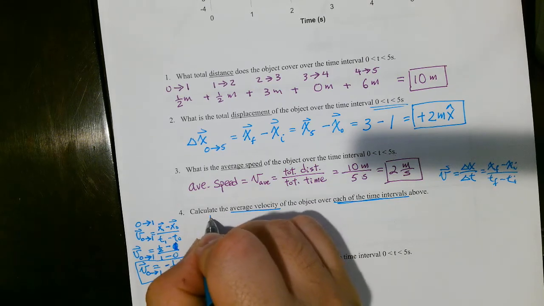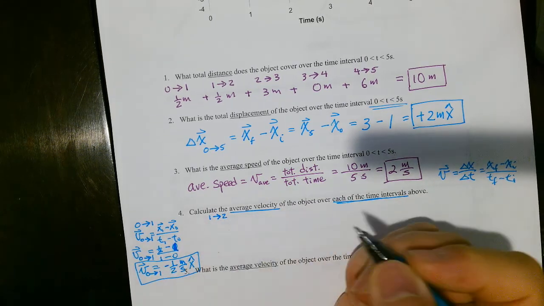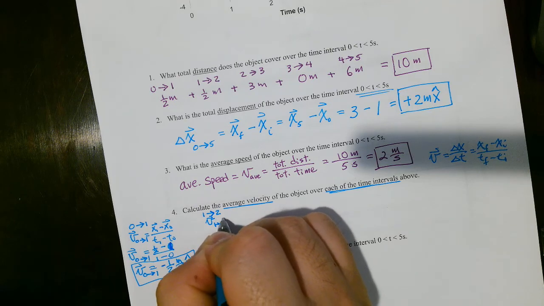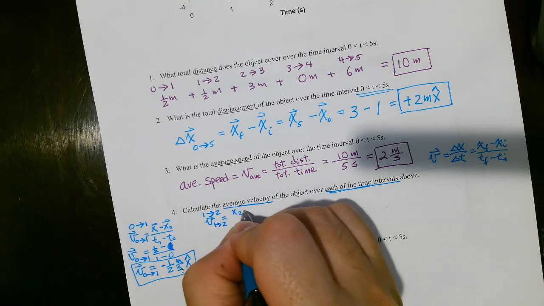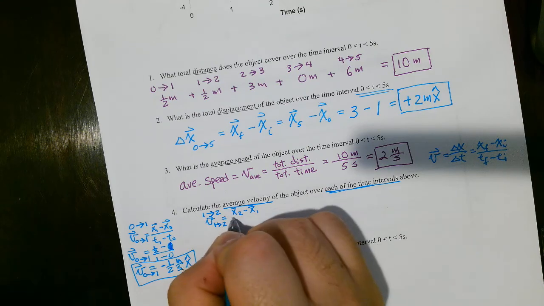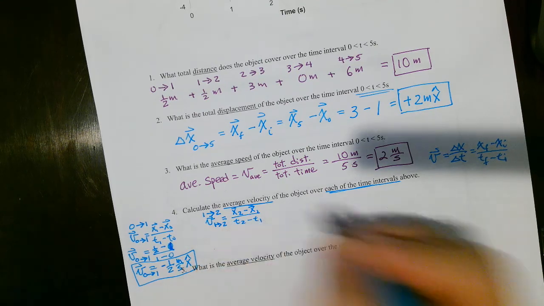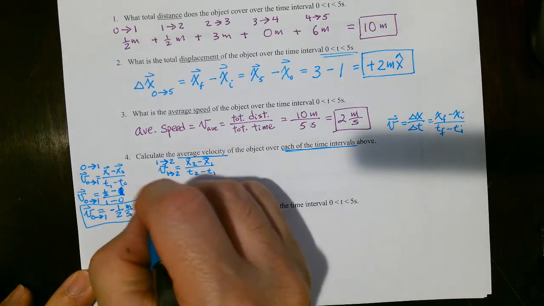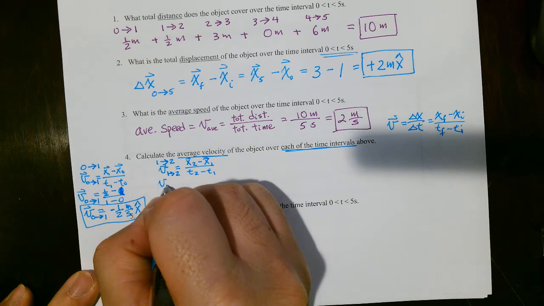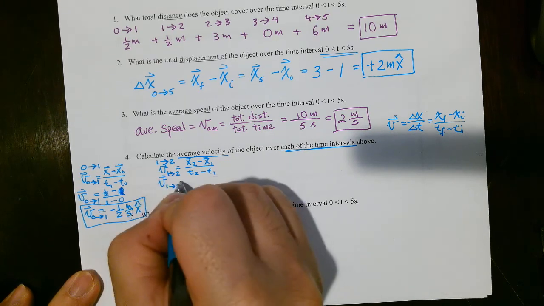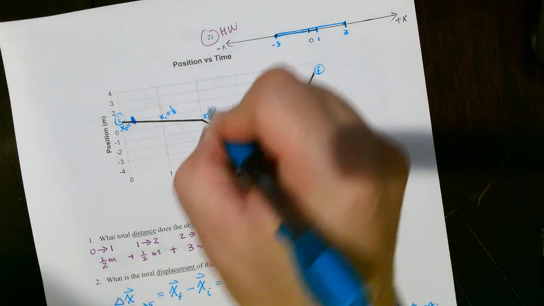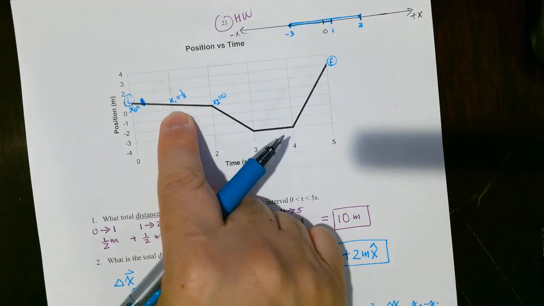What about from 1 to 2? For 1 to 2, again, my v of 1 to 2 is equal to x2 minus x1 over t2 minus t1. Okay? So my v of 1 to 2 seconds is equal to, my x2 here is 0, and my x1 is 1/2.